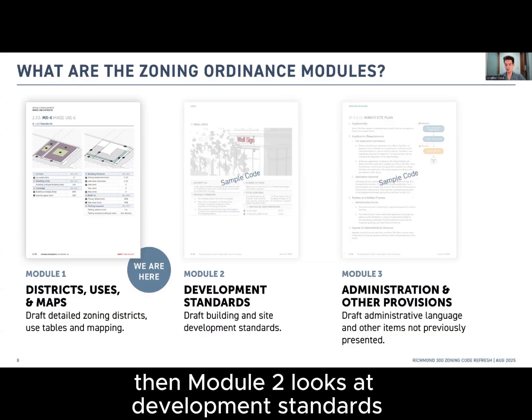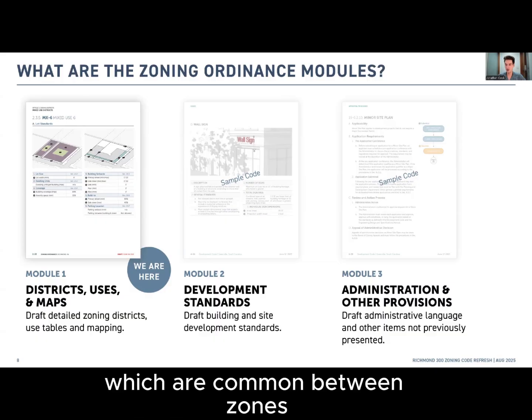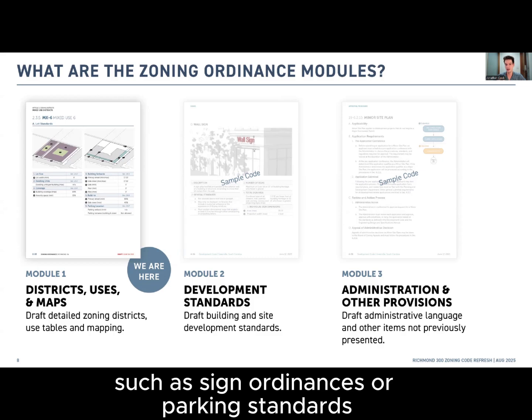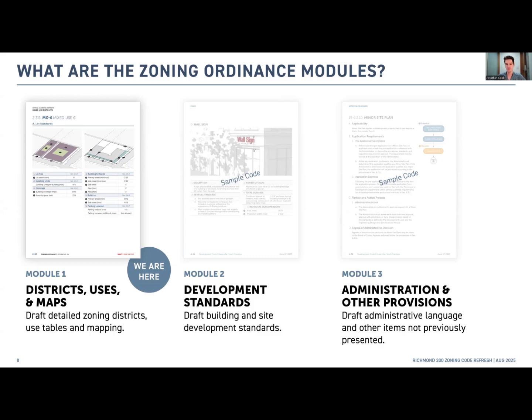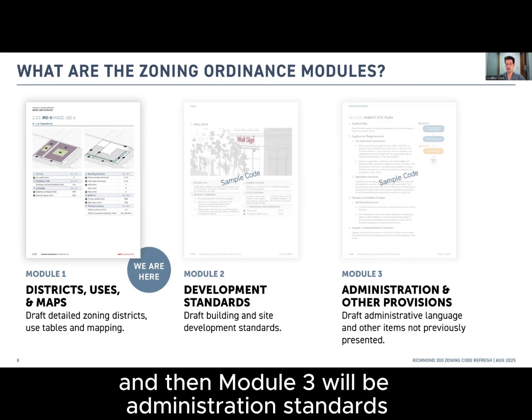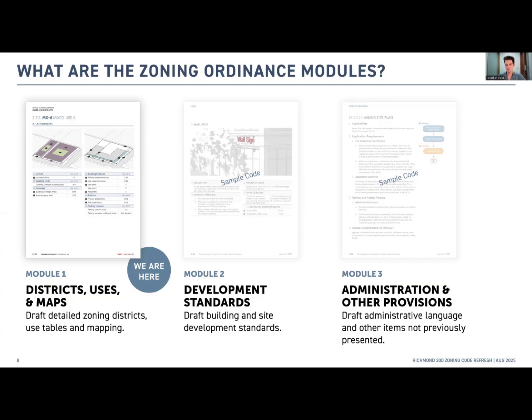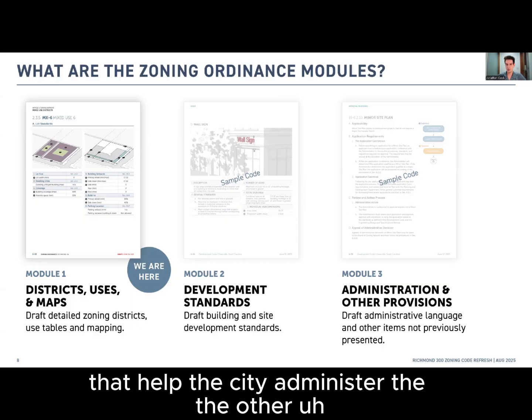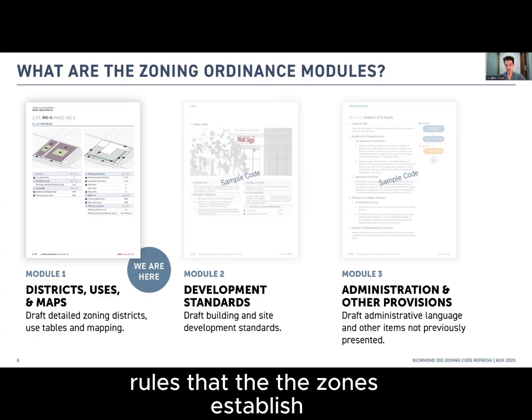Then module 2 looks at development standards, which are common between zones, such as sign ordinances or parking standards. And then module 3 will be administration standards, provisions that help the city administer the other rules that the zones establish.